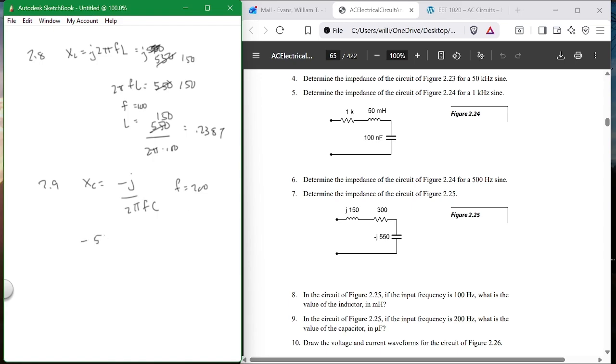There's your minus 550 is equal to minus J over 2 pi times 200 times C. And there's a minus J in front of this. So the minus J's go away. So 550 times 2 pi times 200 is equal to C.